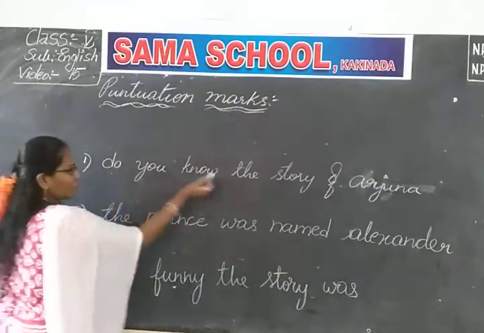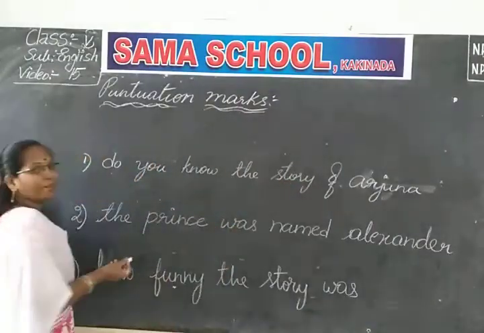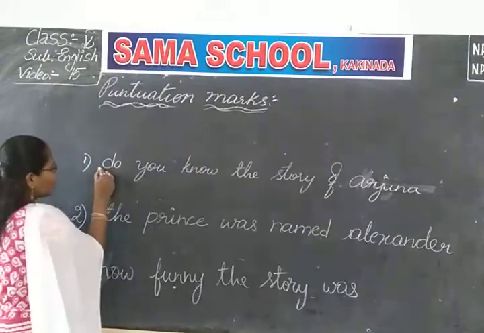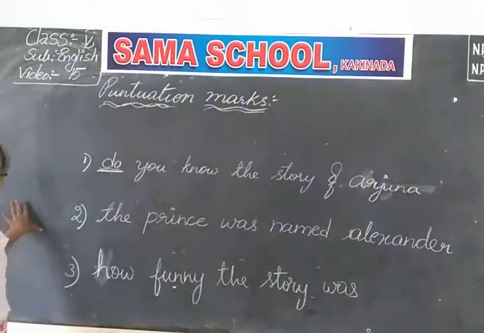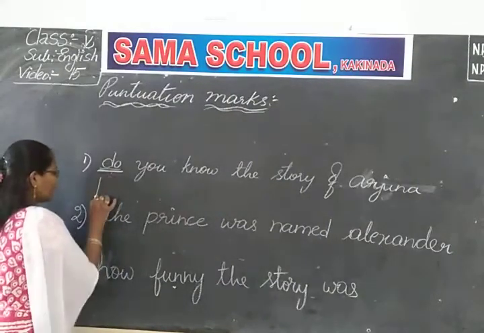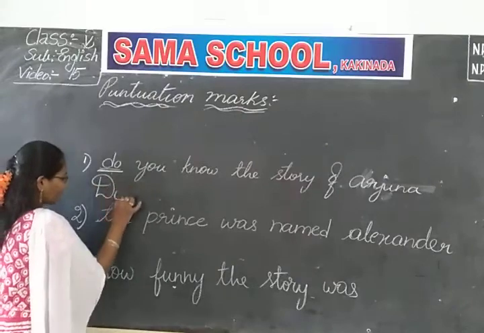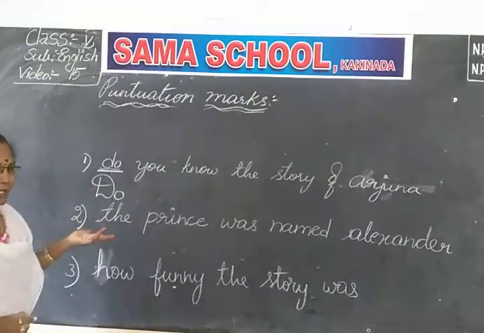So here, do you know the story of Arjuna? Do you know the beginning of the sentence? What did I tell you? Always the beginning of the sentence should be a capital letter. So write D-O, do, D as a capital letter.